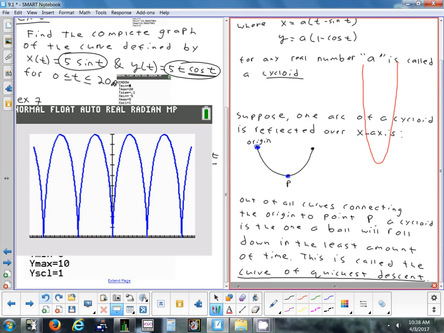Okay, so a cycloid gives you what's called the curve of quickest descent. So if you were making like a roller coaster, and you had somebody at a high point, and you wanted to get them to a low point and get there as fast as possible, you should shape the track in the shape of a cycloid.